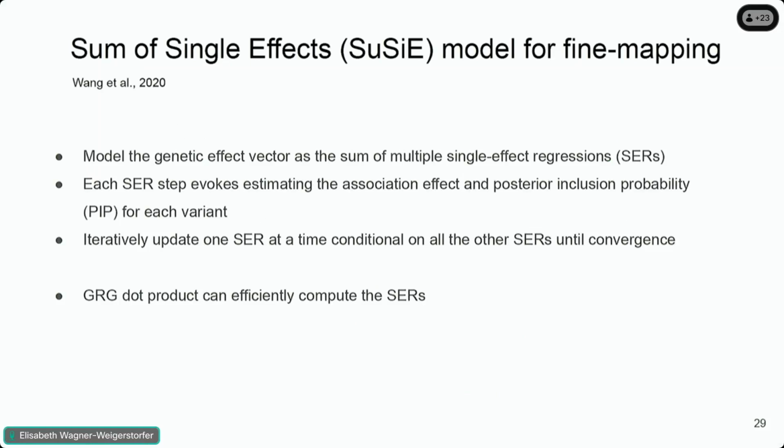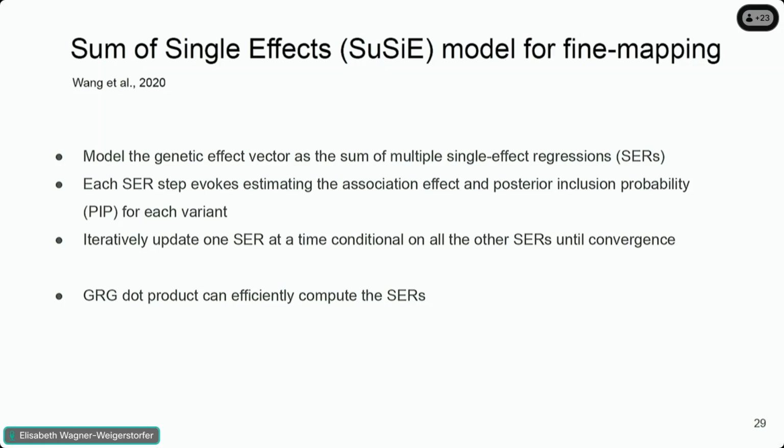In each of these single effect regression steps, it estimates the association effect and the posterior inclusion probability for each variant. Then it iteratively updates these signals until convergence to get the number of signals, and then estimates a credible set, that is, the variants that potentially explain the signal.